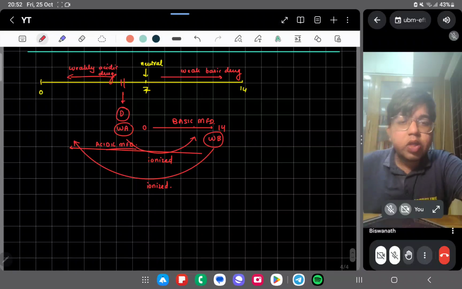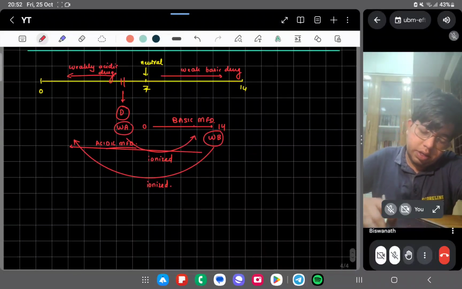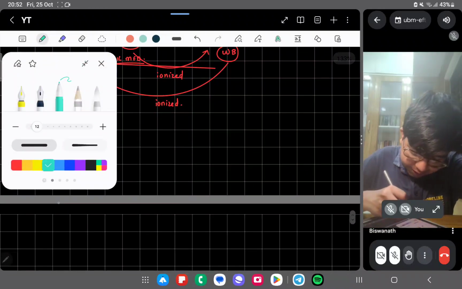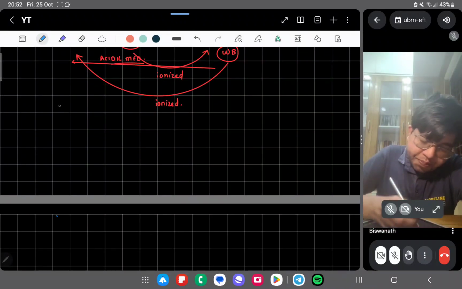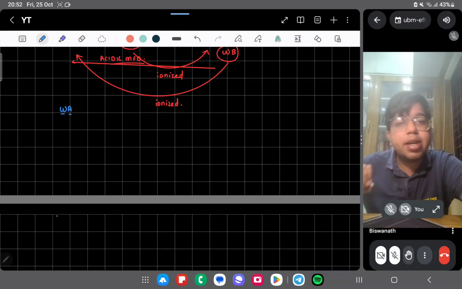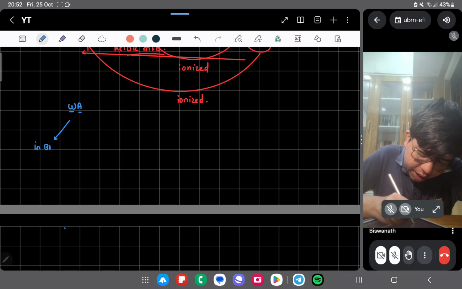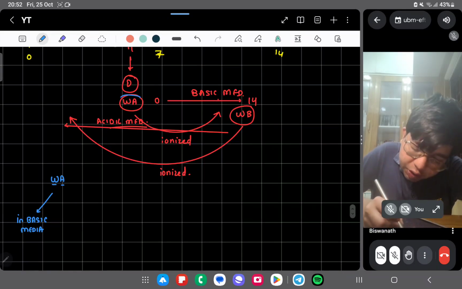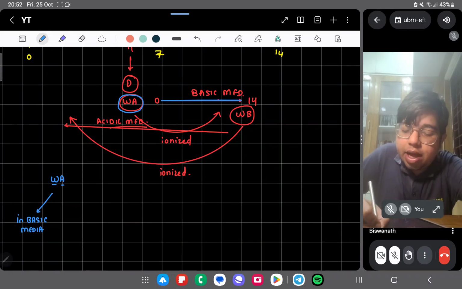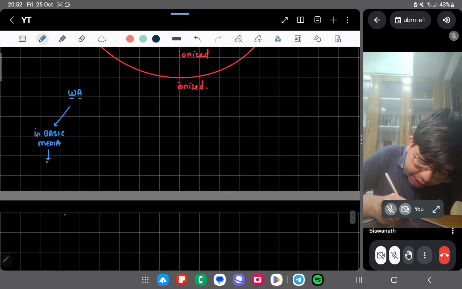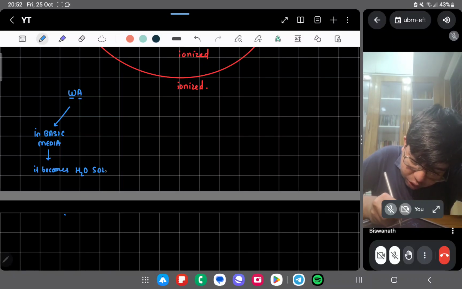Okay, so for a weakly acidic drug, just pay very close attention to my statements. Let's say the drug is weakly acidic. In basic media, ionization is happening, and it becomes water soluble.